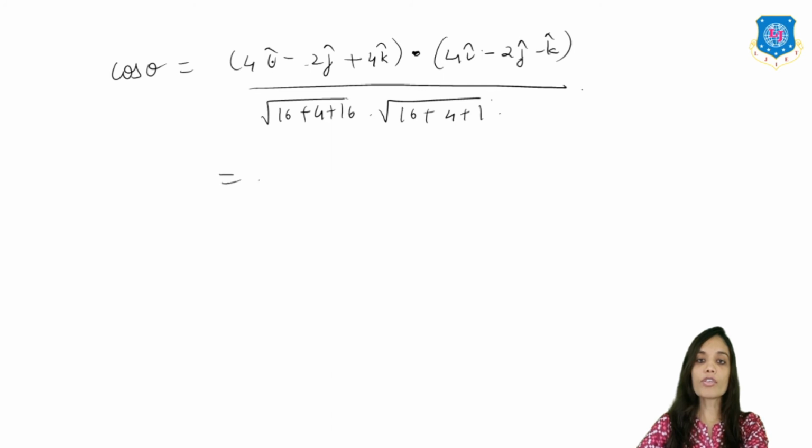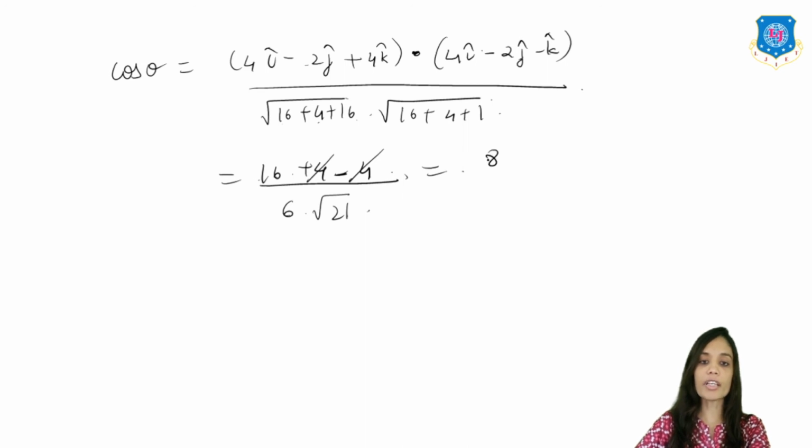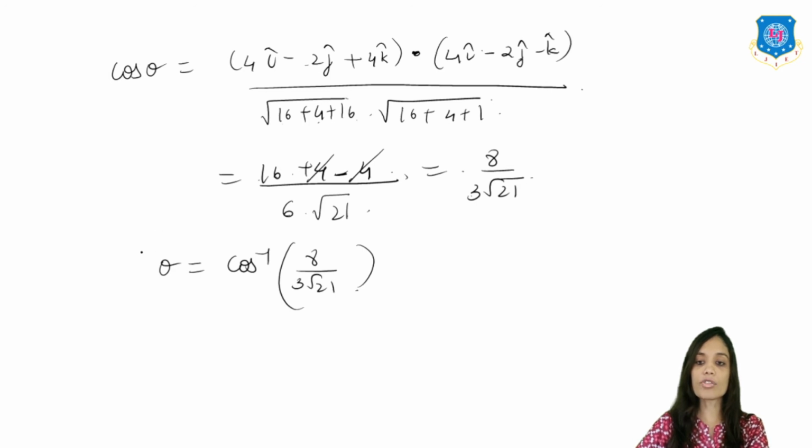So if I do the dot product now, answer will be 16 plus 4 minus 4 upon square root of 36 into square root of 21. So square root of 36 will be 6. These two will get cancelled out and also we can cancel these two. So it will be finally 8 upon 3 root 21. So the answer of theta will be cos inverse 8 upon 3 root 21. So this is the angle between the two surfaces.